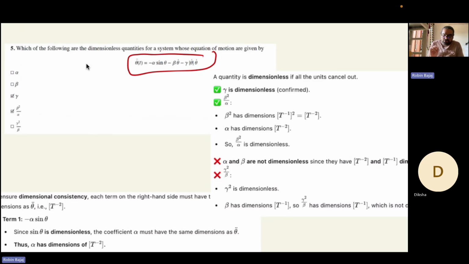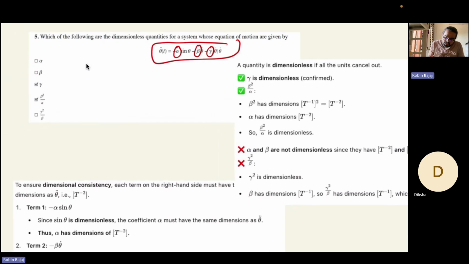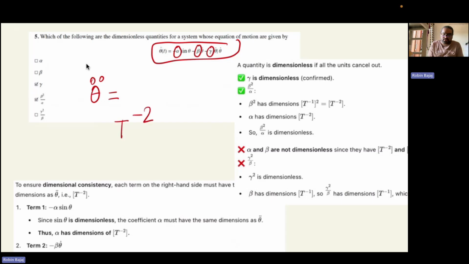So all you have to do in order to identify the dimensionless quantities is first identify what are the units of alpha, beta and gamma. And how will you identify that? First you would see theta double dot. And you know theta double dot has the units of time to the power minus 2, because it's d square theta by dt square.